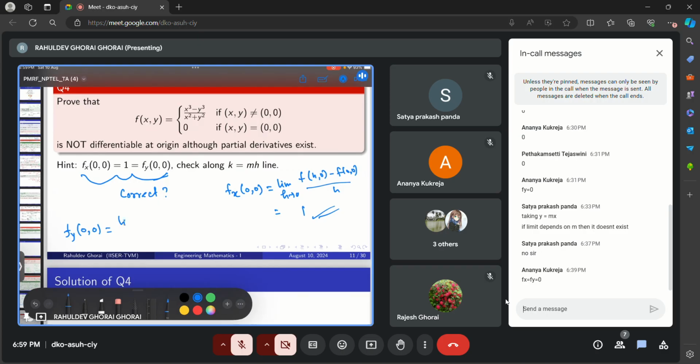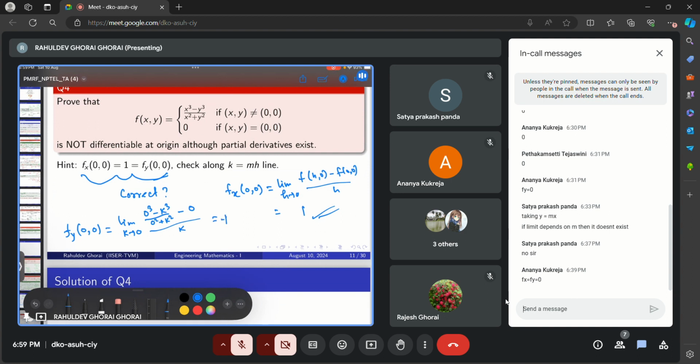Let's do it: limit as k tends to 0 of 0 cube minus k cube over 0 square plus k square, minus 0, over k, right? That will be minus k cube over k cube, minus k cube over plus k cube. That will be -1.